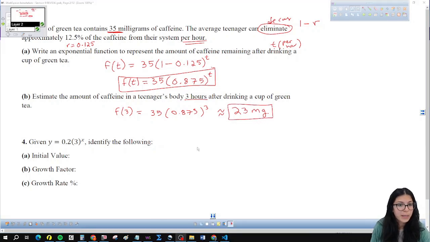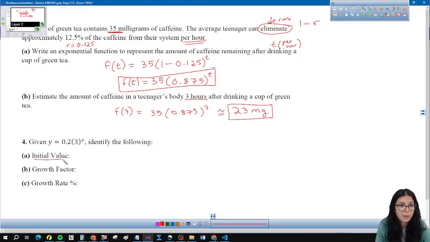All right, number 4, given y equals 0.2 times 3 to the power of x, identify the following. So we need to figure out what the initial value is. That is always this first value right here. So that's 0.2. The growth factor would be the b value, which is 3. And then the rate, remember that the factor is figured out by adding 1 plus the rate.